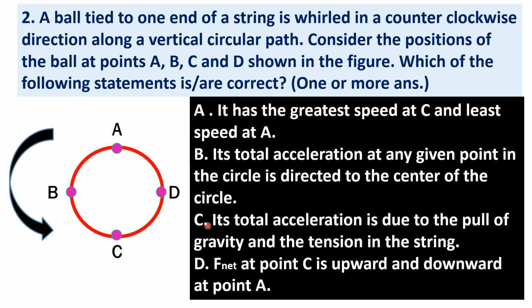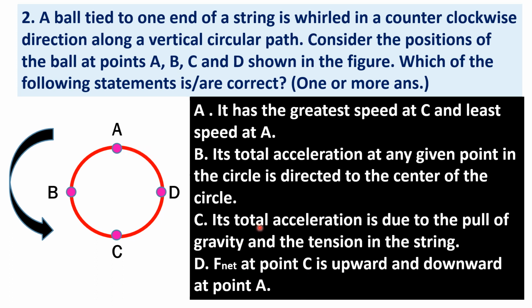Letter C: Its total acceleration is due to the pull of gravity and the tension in the string. And option D: the net force, F net, at point C is directed upward, and then downward at point A.